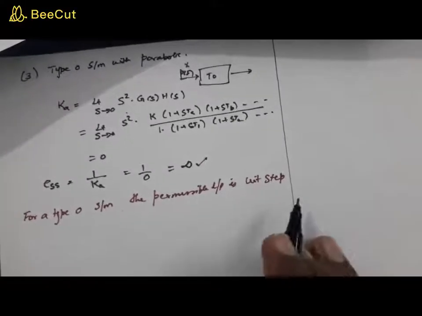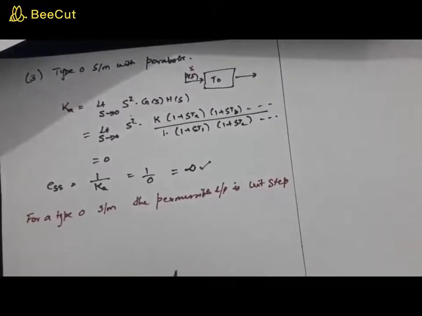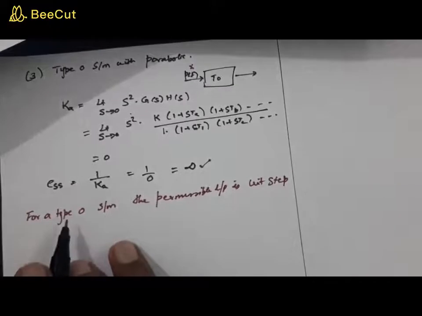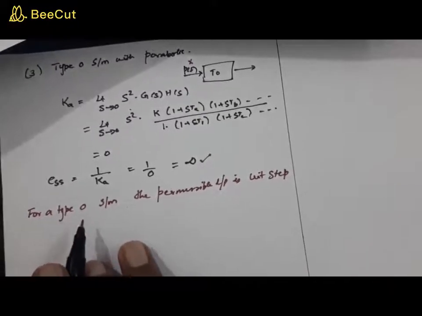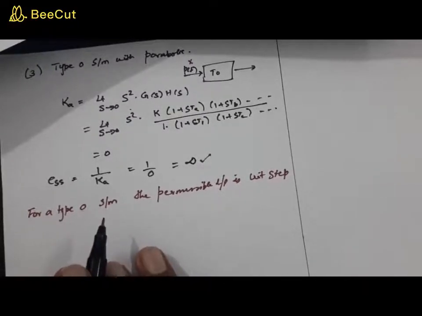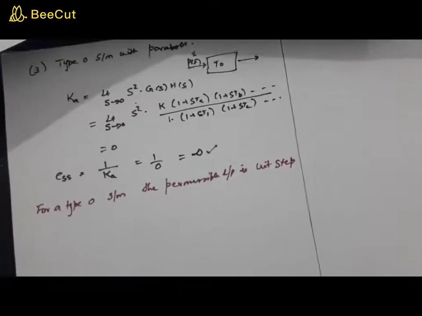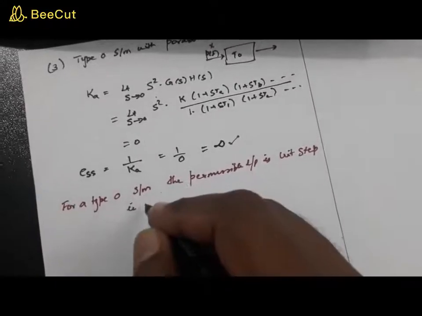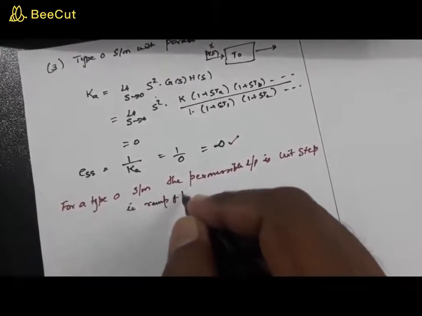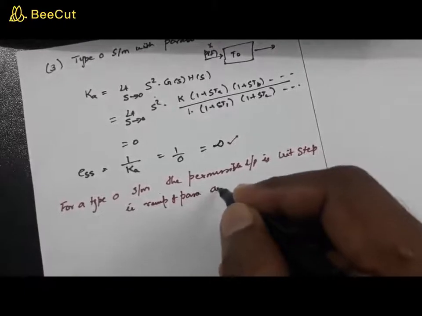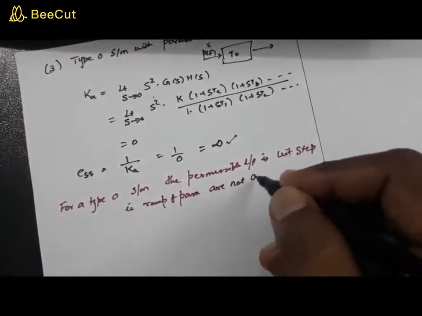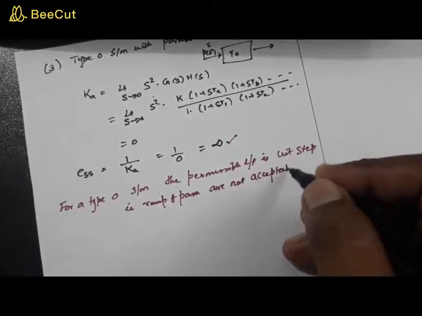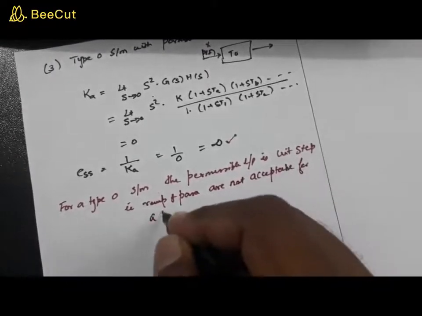For all the other inputs, this system gives a steady state error of infinity, while in a type 0 system with a unit step, even though it provides a steady state error of 1 by 1 plus K, we have seen that this can be minimized by suitably selecting the forward path gain. Okay, so that's it. That is, ramp and parabolic are not acceptable for a type 0 system.